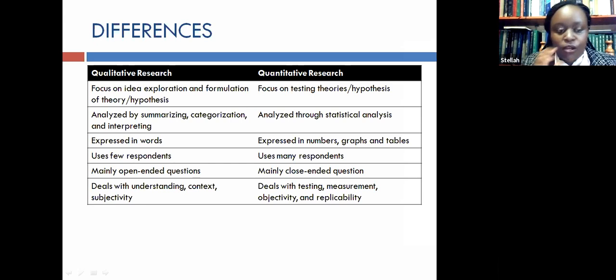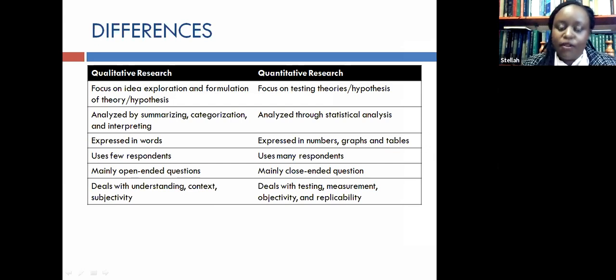There is a reason why I'm saying mainly. In the qualitative, you can have closed-ended, but most of the questions tend to be open-ended. While in the quantitative, you might need some open-ended questions to help you in probing or triangulation, but most of the questions tend to be closed-ended.